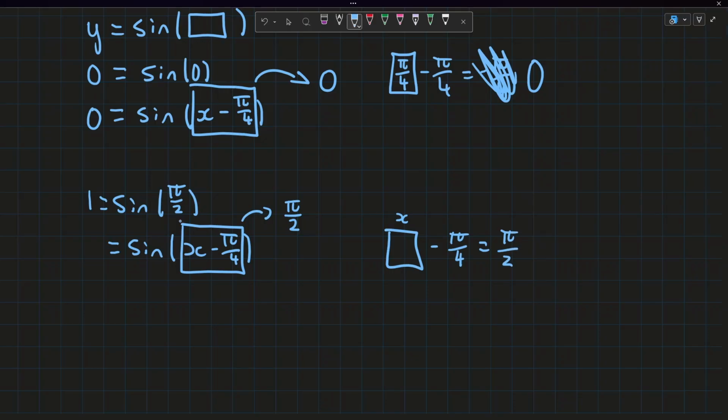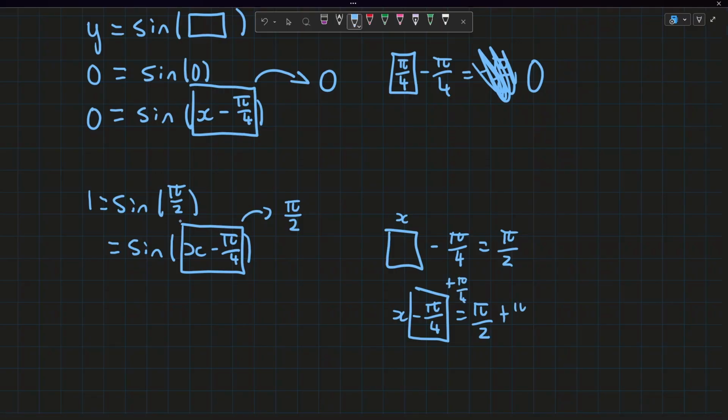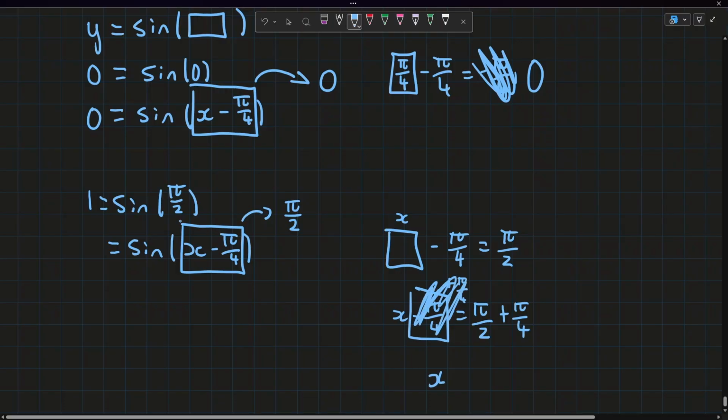You actually can just use algebra for this, so you could write it as x minus pi on 4 equals pi on 2. What's happening to x? It's getting minused by pi on 4, so we can add pi on 4 to both sides, which will cancel there, and we just get left with x equals whatever this equals.